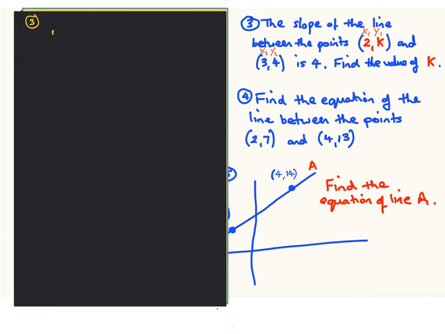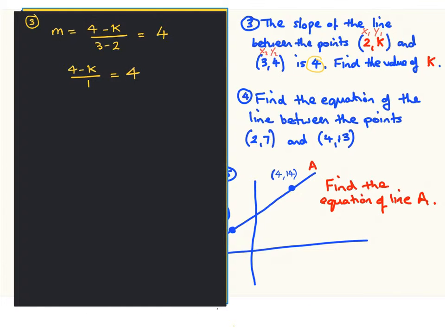So slope m equals y2 minus y1, so 4 minus k over x2 minus x1, 3 minus 2. And of course we know that the slope is 4, it's given. So we get 4 minus k over 1 equals 4.